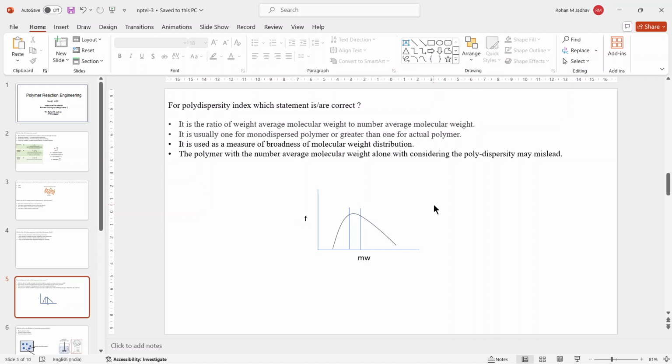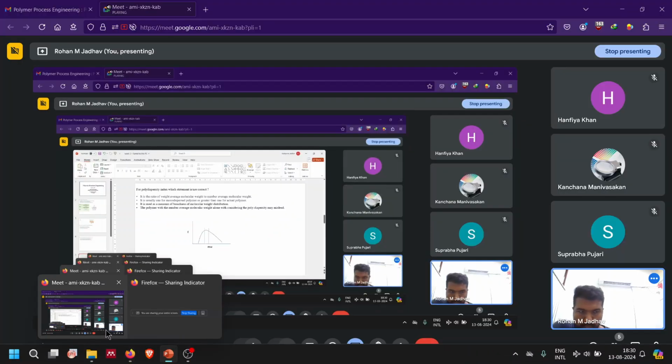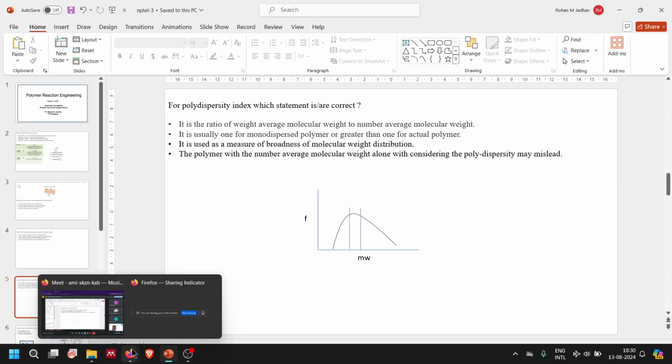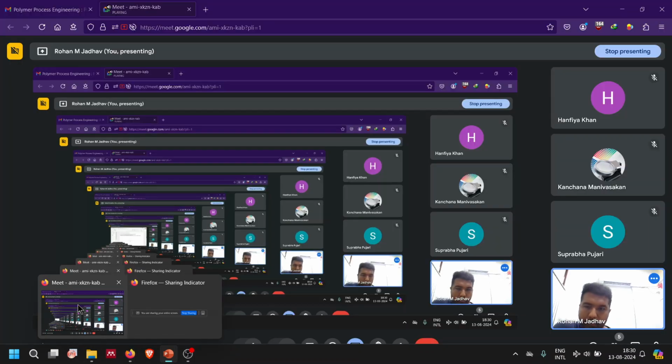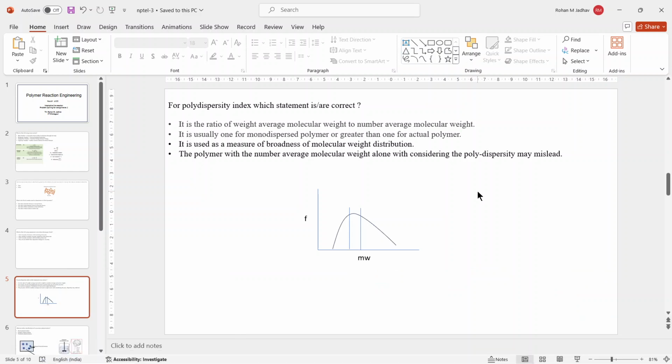So the average is based on that. That's why weight average molecular weight will always be higher than the number average molecular weight. So the first line represents the number average, and the second line represents the weight average.